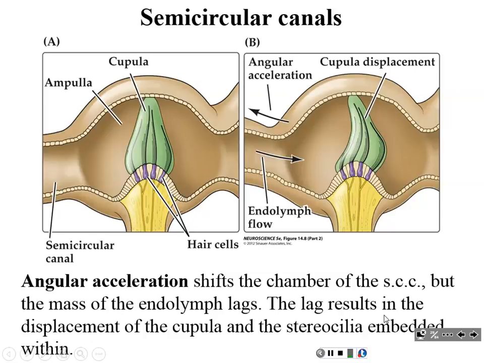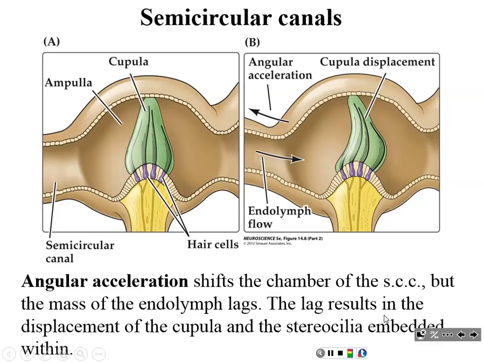Because when you move your head, all the bony structures, all the bony labyrinth, are going to move with you, okay? But the endolymph that is inside the semicircular canals is going to lag behind. So basically, let's make it with a horizontal canal.